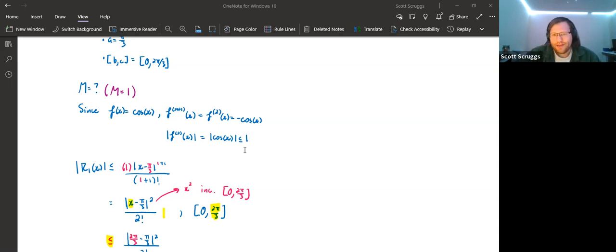And the nice thing is, no matter what I have here as my n plus 1 derivative, whether it be 4, 5, or 6, or 100, because my original function was cosine, the nice thing about cosine and sine is no matter what I have inside the function, sine and cosine will never be larger than 1.